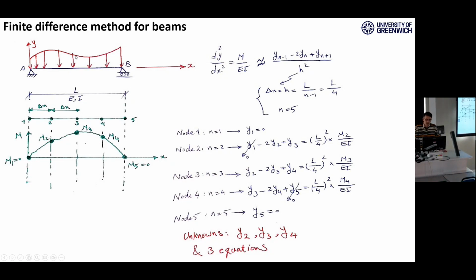This is an arbitrary shape, just schematically showing M1, M2, M3, M4, M5. I know M1 is 0 and M5 is 0 because we have two simple supports there. So the internal forces should be 0 at this point and this point, right?